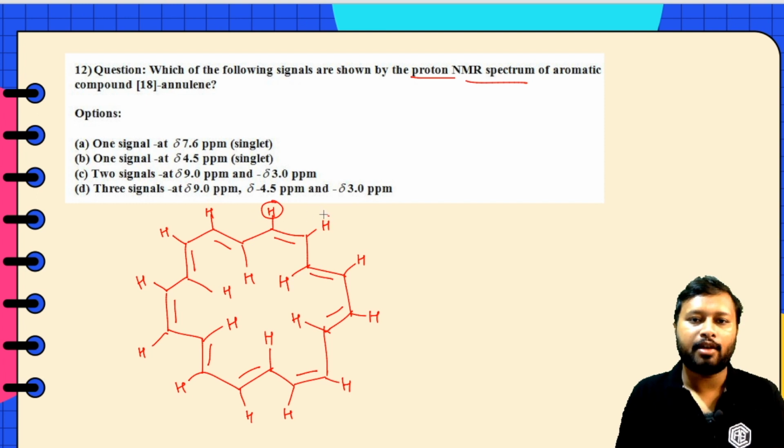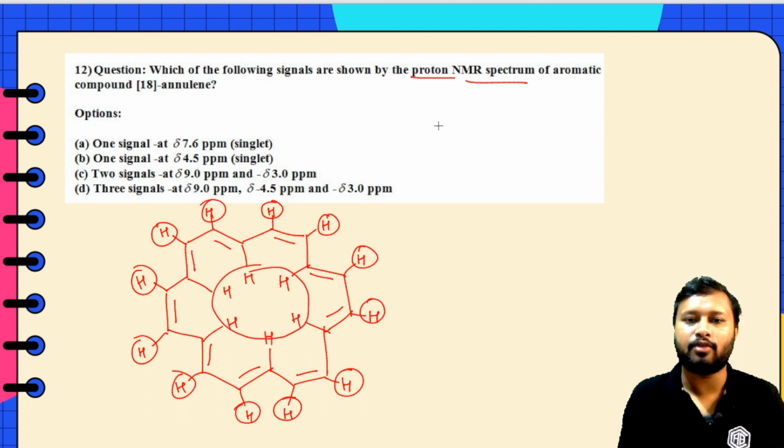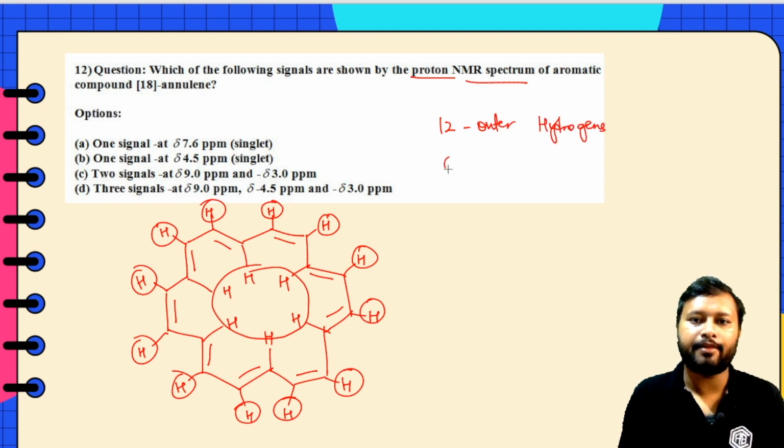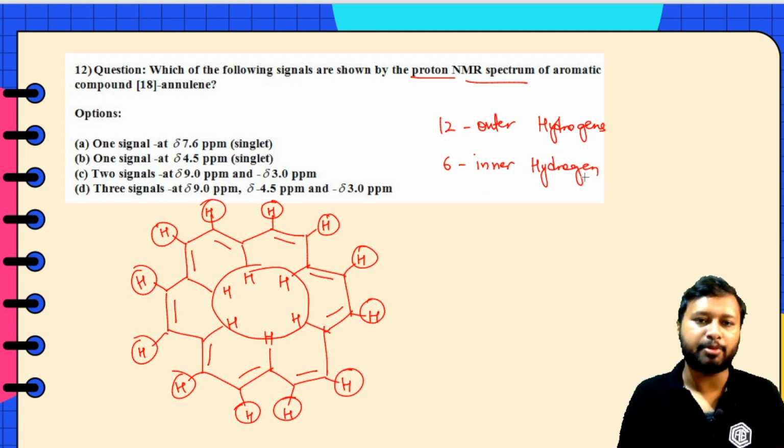So you have outer hydrogens, which are actually 12, and you have 6 inner hydrogens. So that means you have 2 types of hydrogen, and simply if you have 2 types of hydrogen, then you should get 2 signals.